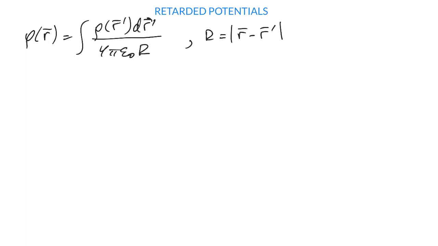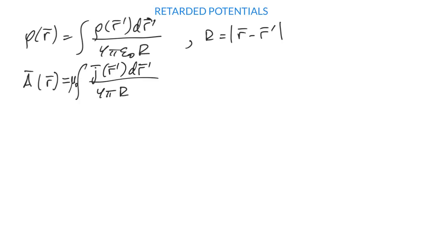This is essentially Coulomb's law, and a similar expression is found for the vector potential, where we have the current density instead of the charge density. As we will see in the following, the generalization to the dynamical case is surprisingly simple.